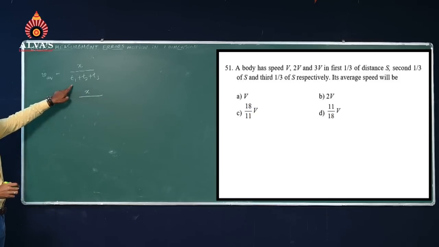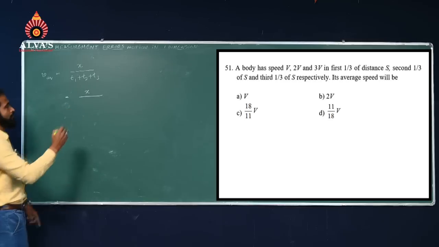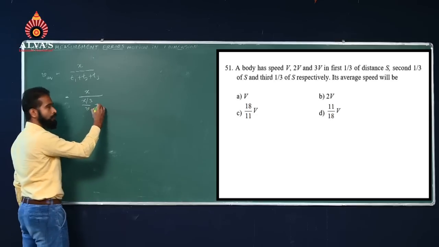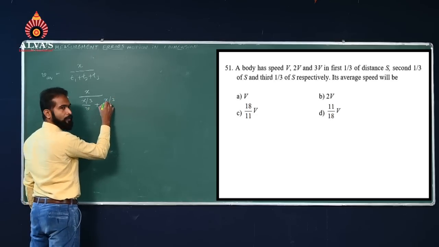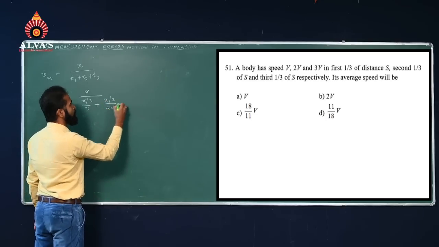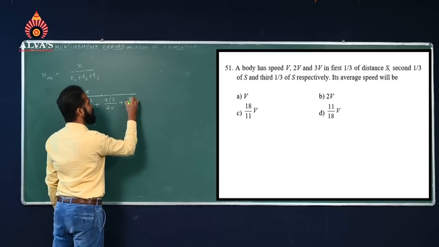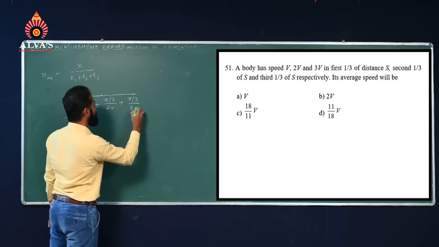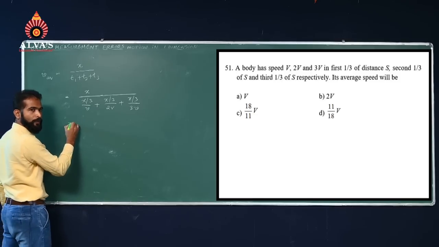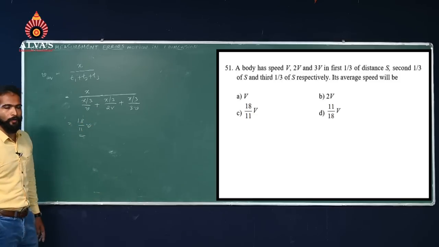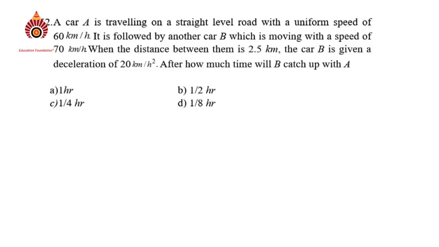The time t1 can be written as the distance in the first part divided by velocity. Distance in the first part is x by 3 over v, plus distance in the next part is also x by 3, but velocity is given as 2v, plus in the third part the distance is also x by 3 and velocity is nothing but 3v. So if you solve this, you are going to end up with 18 by 11 v. That is option C. Next, question 52.